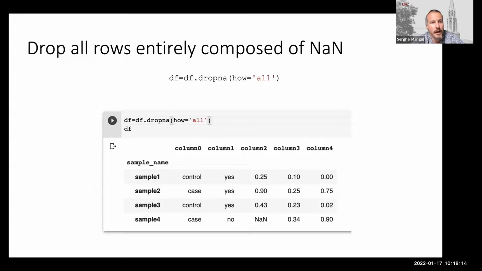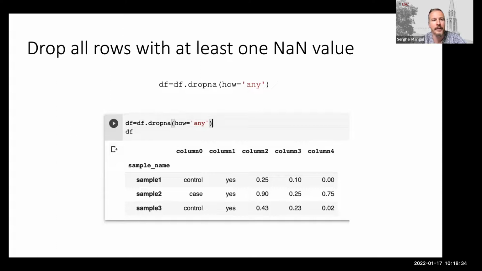So what will happen to our data frame? Nothing, right? Because we don't have any row composed entirely of NA, not in our case. So this command will not affect our data frame, because again, there is no row composed of all NAs. Okay, but that can be the possibility, so it's good to know.